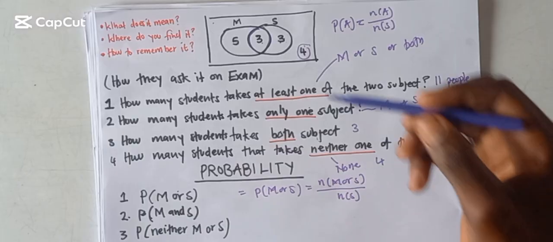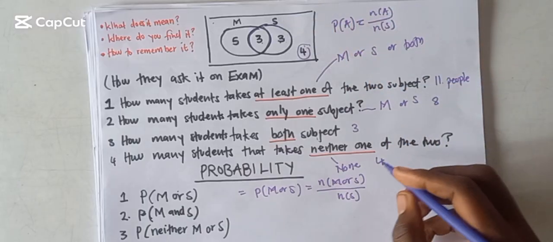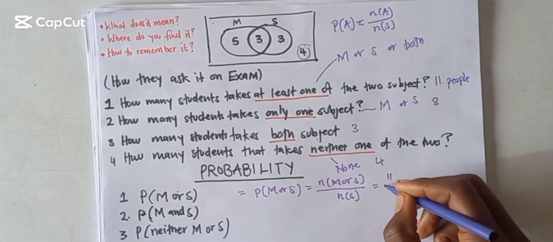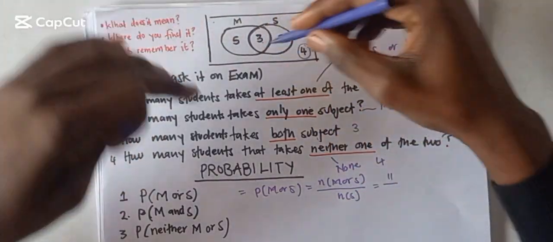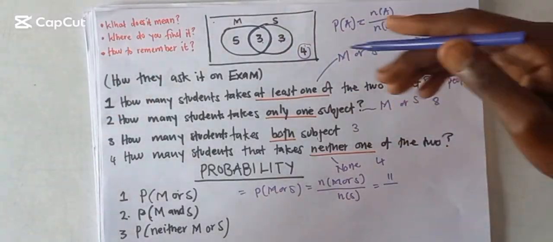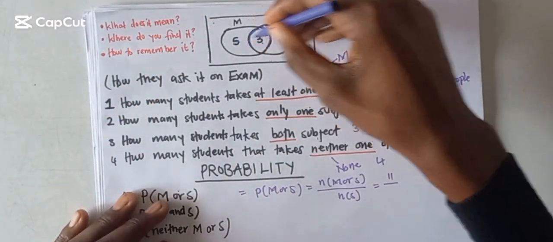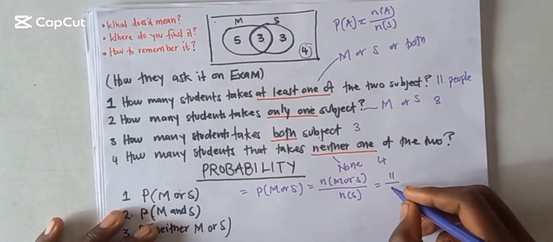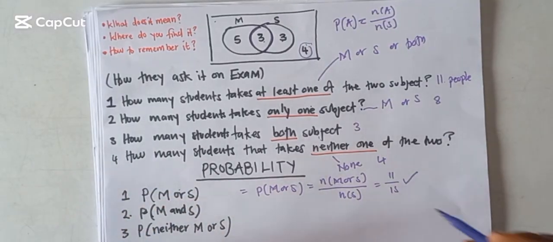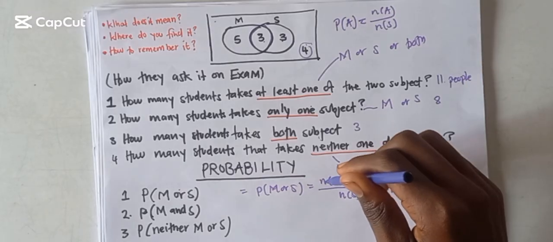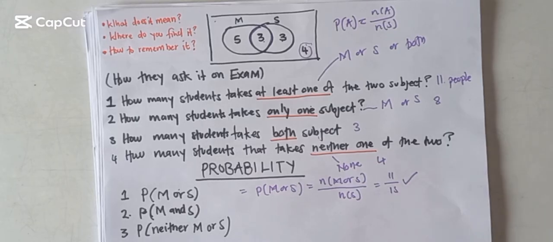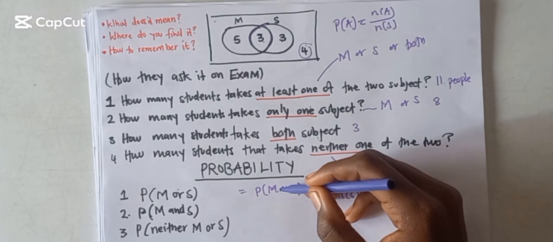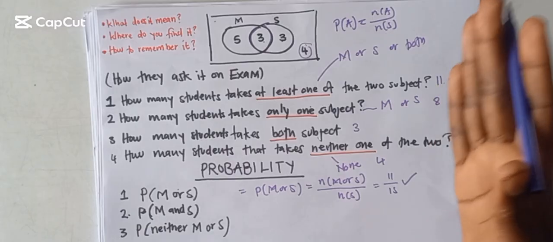We already calculated it, it is 11, divided by the total number of the sample space, which is the total number of students here, all of them, including the ones that do not participate. Since this one is 11 and this one is 4, it's going to be 15. So this is our probability of M or S. Did you see how we find it? Here we write the total number of M or S, and this one is the total number of the sample space. But what I want you to take away is that 'or' means you are doing maths or science or both.